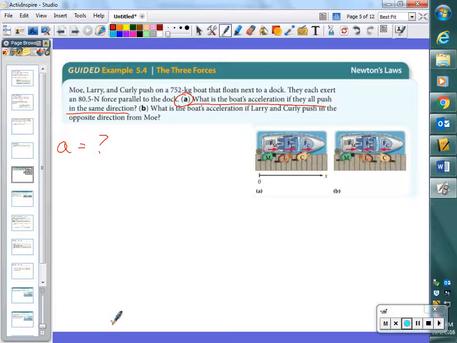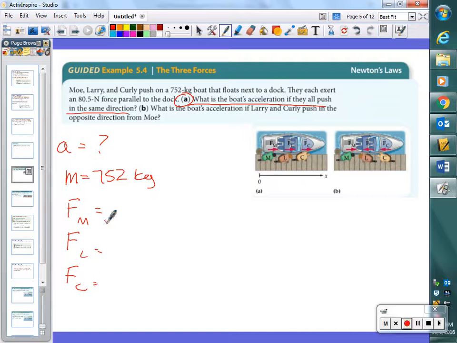Things we know. Mass of the boat. And then, we know force. But in this case, there isn't just one force, there's actually three forces, right? So we have to look at all of those forces, or the combined effect. So we'll call this force of Mo, force of Larry, and force of Curly.